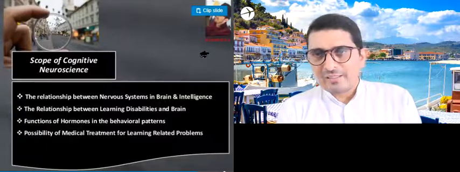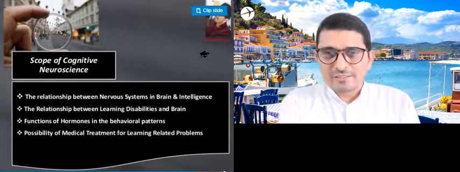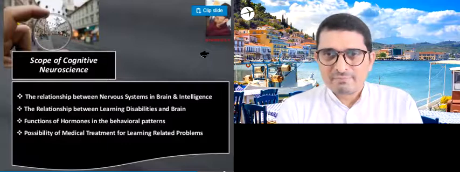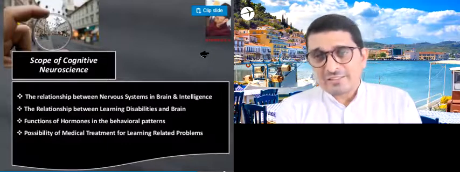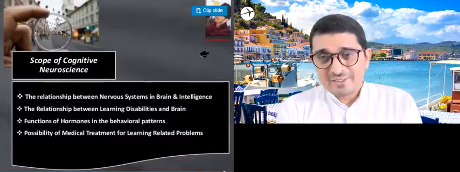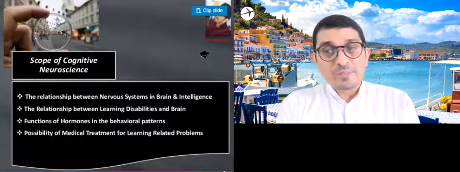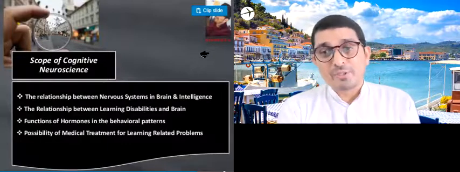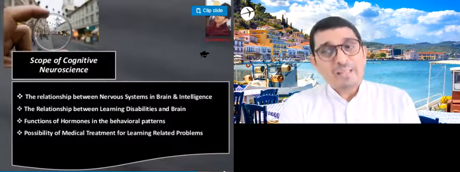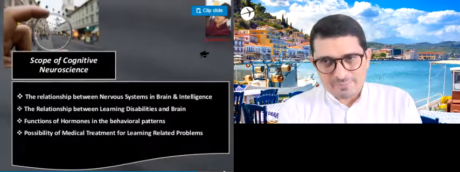And sometimes I think this is going back to traditional medicines. The Ayurveda doctors used to give something called Brahmi and such things for enhancement of intelligence. I wonder whether we are going back to the traditional concepts.